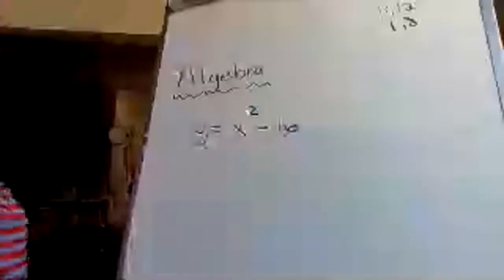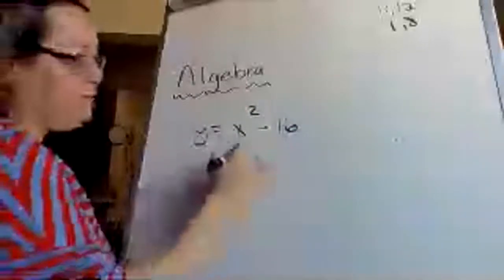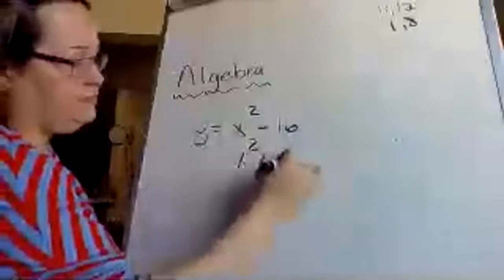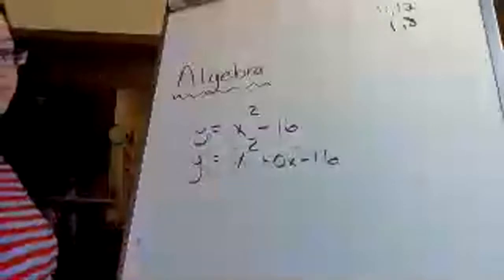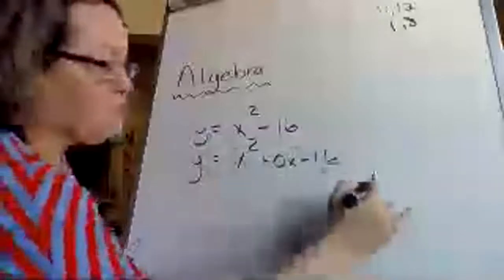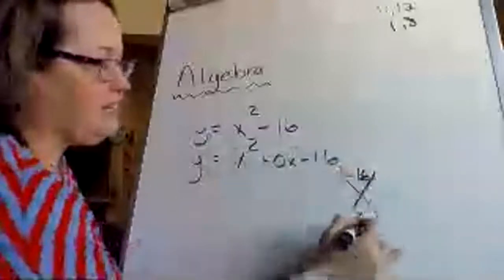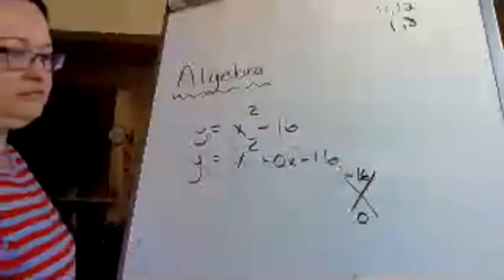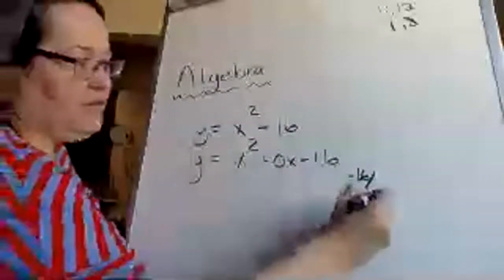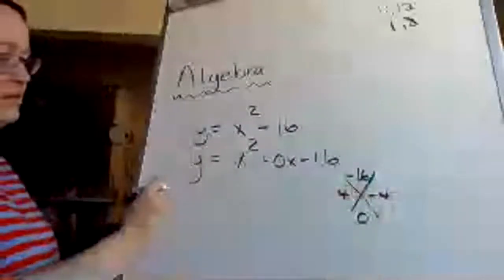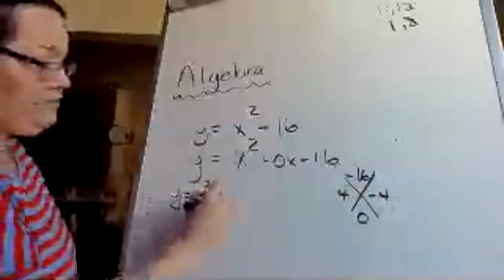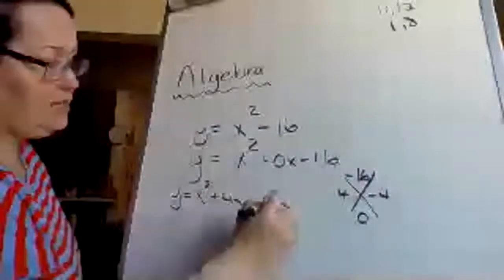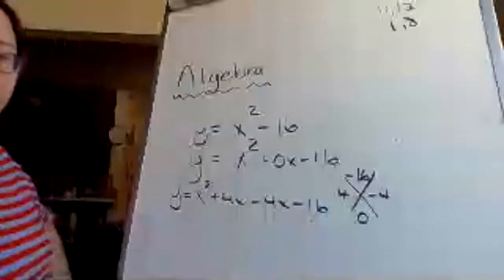Okay, let's see. I want to do one of these. Okay, so the middle term on this is 0. So what are the factors of negative 16 that add to 0? 4 and negative 4. So this would get me x squared plus 4x minus 4x minus 16.